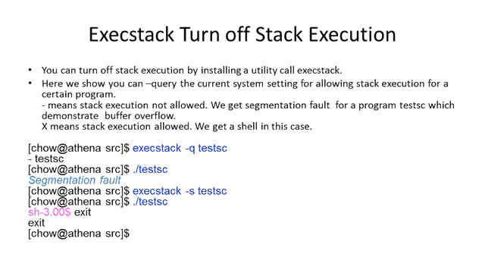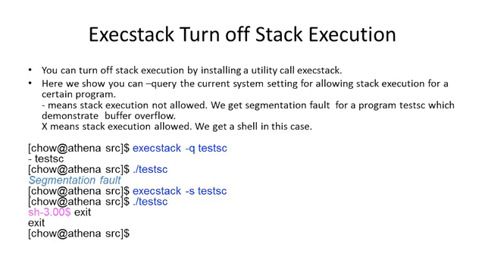So the command execstack minus q with the program name TSTSC will return minus followed by the program name, which basically means this program is set to not allow stack execution. And then as you can see here, we follow up with ./TSTSC. The system gives you a warning and produces a segmentation fault.